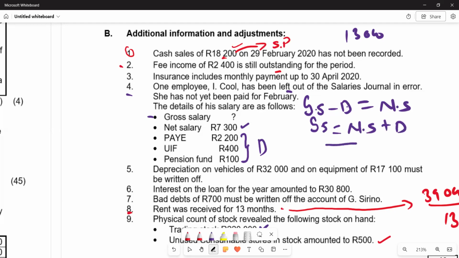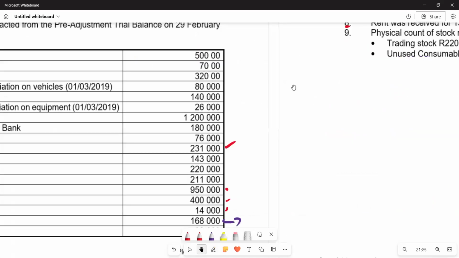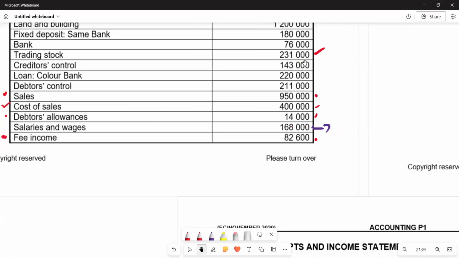So this is the formula that we're just going to use. So I'm going to say net salary, and then we add over the deductions to get the total for gross salary. So basically, we are saying 7,300 plus 2,200 plus 400 plus 100. So we calculate as such, we are going to see that the total that we are going to get is 10,000.